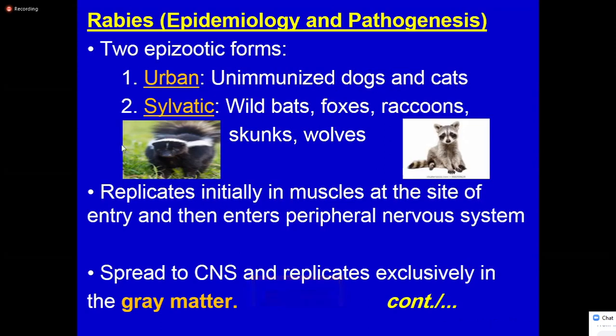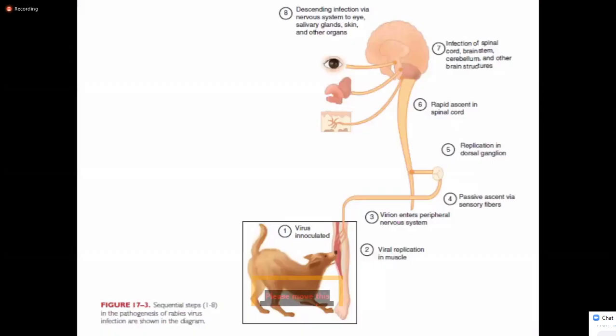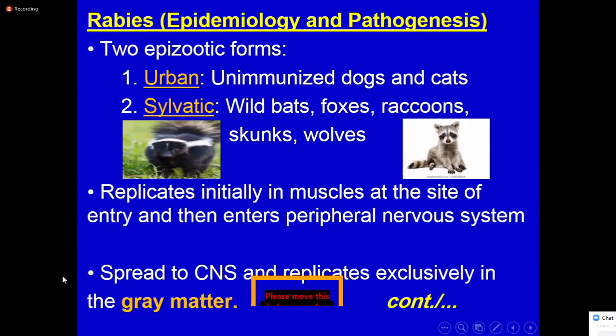The virus initially replicates in the muscles, at the site of the bite. This is the dog bite here, in the muscle for example. So it replicates initially in the muscle at the site of the bite and then enters the peripheral nervous system. It migrates along the nerves, ascending through the nerve to the brain, spreading to the CNS and replicating exclusively in the gray matter.